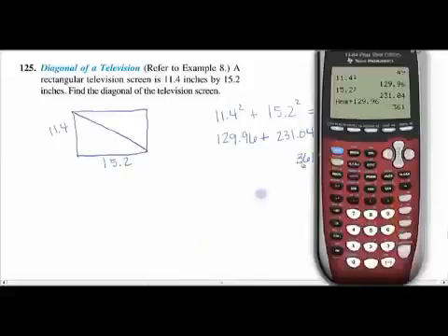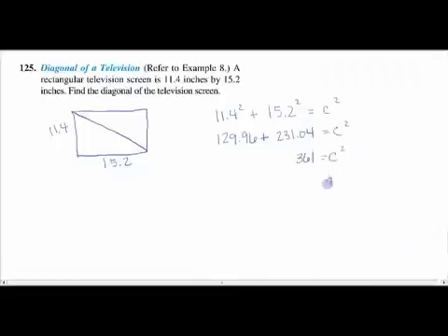And we need to take the square root of that, so second square root, and we can hit second answer right there, and it's going to take the square root of the answer from my last line, the 361, and I get 19. So we have here 19 inches as our answer.